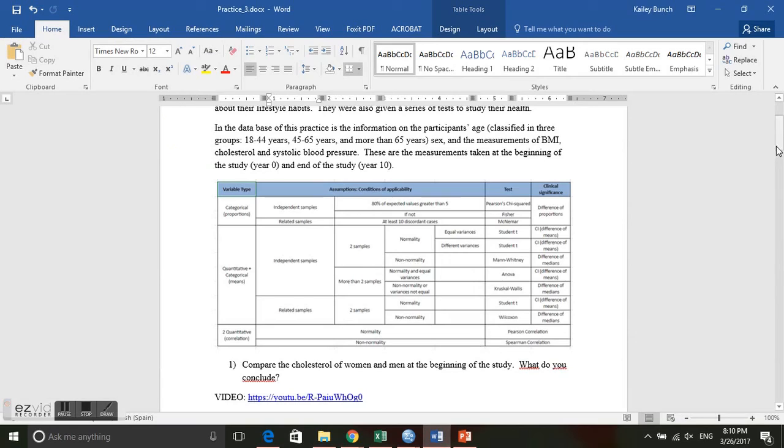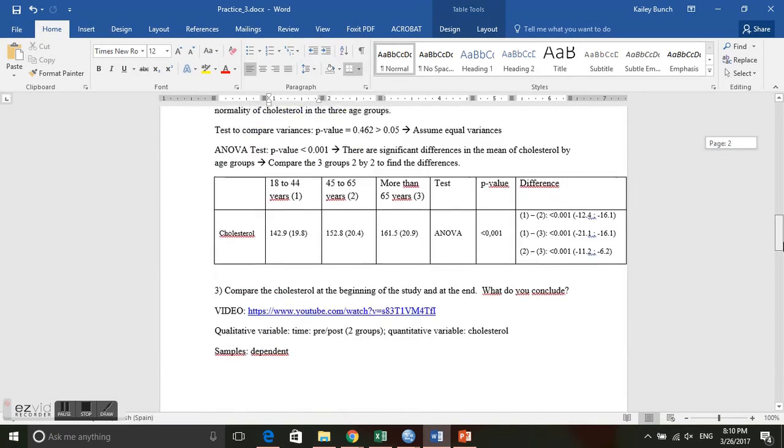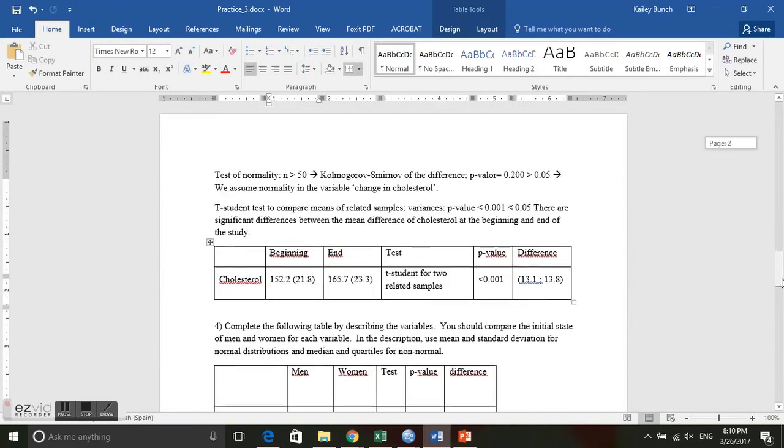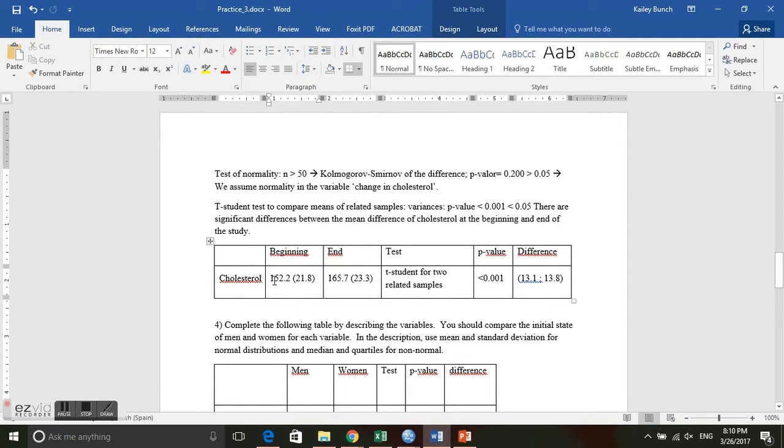So go back to question number 3, and when we put this in, we decided that it follows a normal distribution, so we will put the mean and the standard deviation. This is a t-test for 2 related samples, the p-value, and the difference.